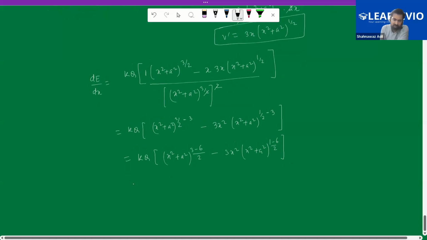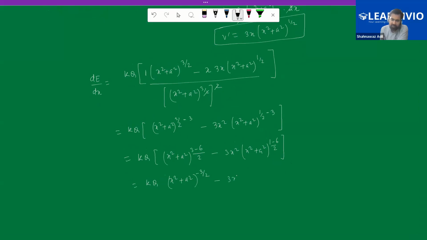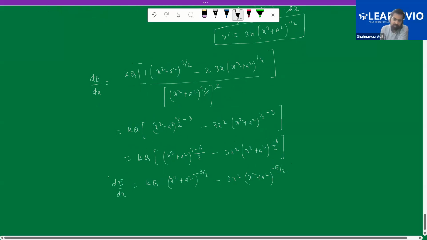So this is how much? This is kq(x² + a²)^(-3/2) and minus 3x²(x² + a²)^(-5/2). So this is dE/dx. Right, is this one clear?